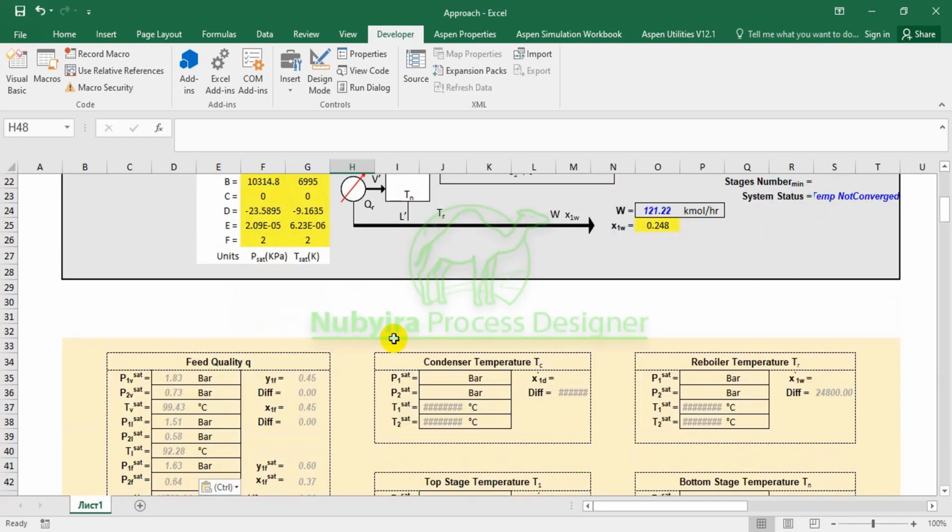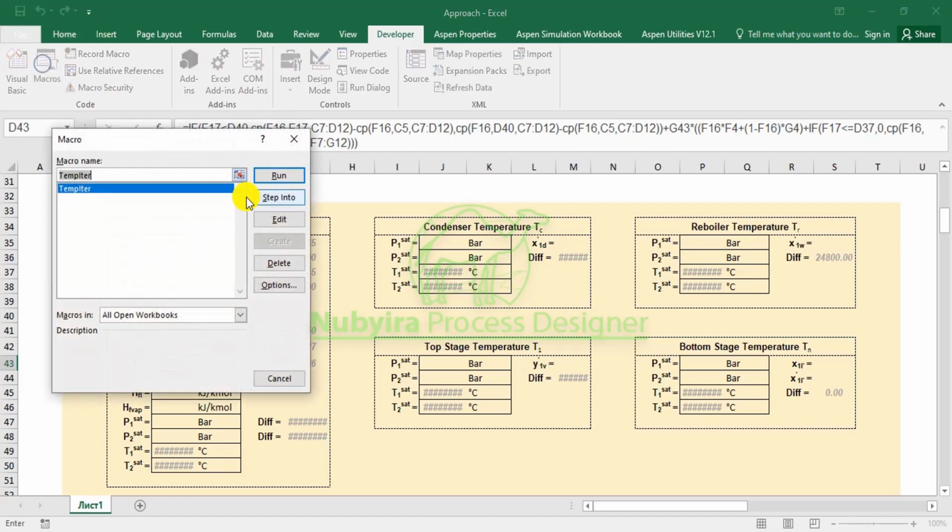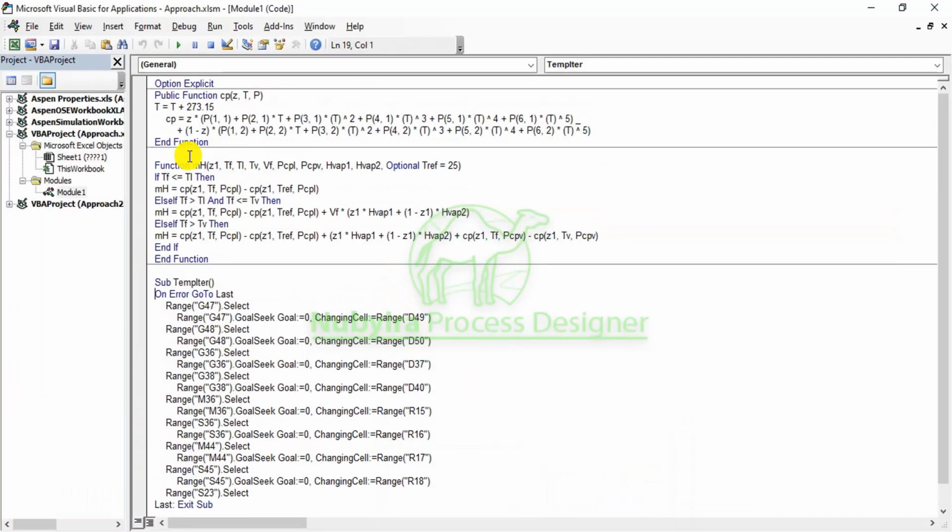So to reduce the length of the equation, I have to summarize some of the function in what we call the VBA function, and that's what I've shown. That's here, and that's what is there in the function CP. Although I'm not really using this MH again, so CP is just using the same thing that I've written. You can see Z is a composition, T is the temperature of the system, and P is the parameter range that you are using.